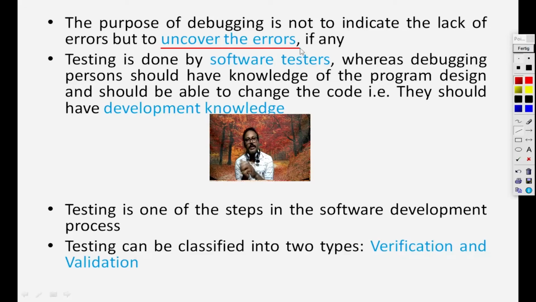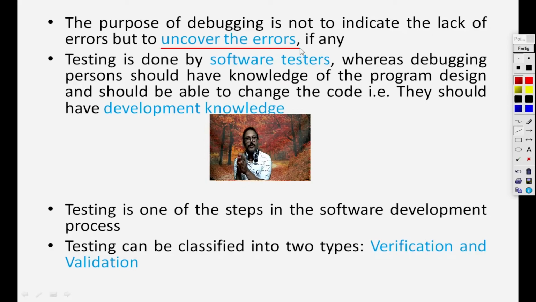So testing is usually done by the software testers who are actually separate people. They don't develop your program. The program will be developed by somebody else. It will be tested by somebody else. Those people are called software testers.